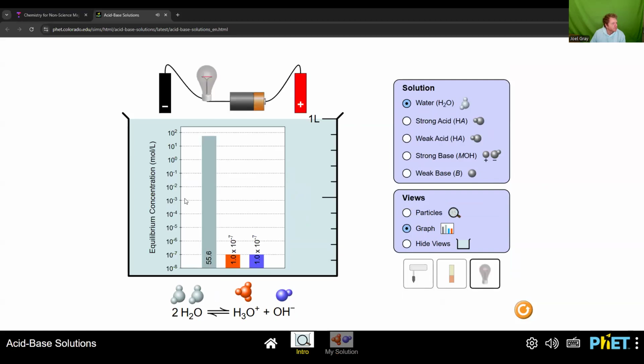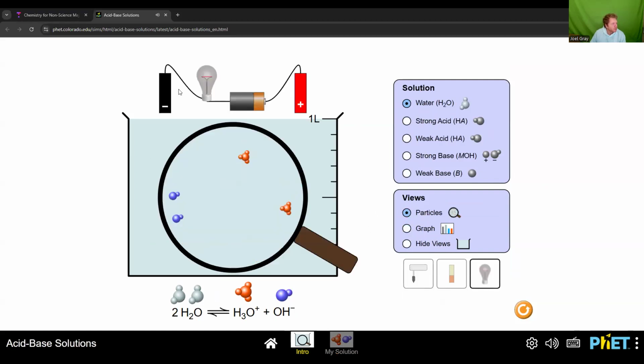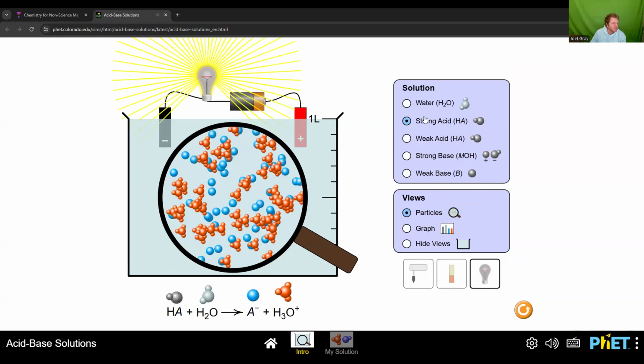Okay, so if we put these electrodes in, we have an equal number of hydronium ions, H3O+, and hydroxide ions. Now, if we add an acid, we've got lots of hydronium ions, and we can therefore conduct electricity.